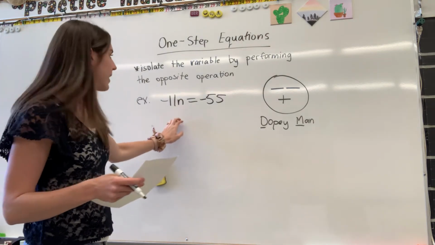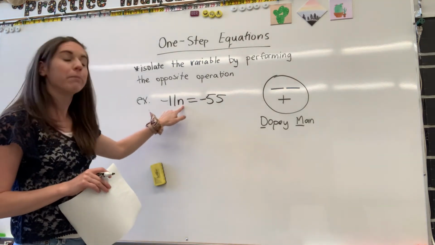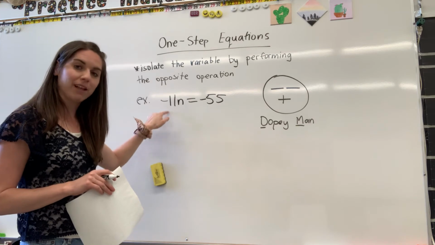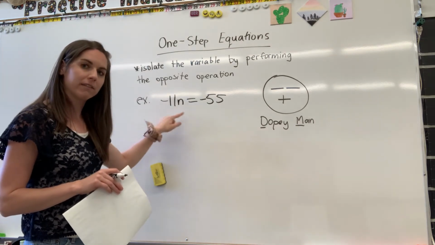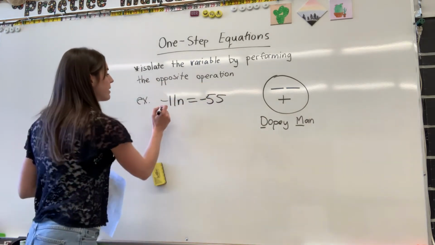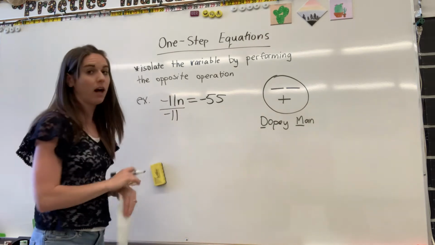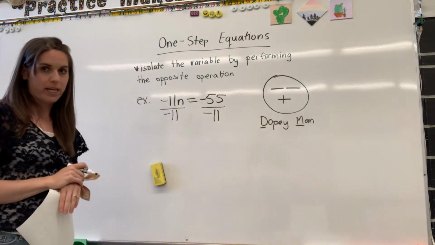So you're trying to isolate n. Right now you're multiplying n by -11. Well, how do you eliminate multiplying by -11? You do the opposite operation. So you divide by -11. Whatever you do to one side, you have to do to the other.